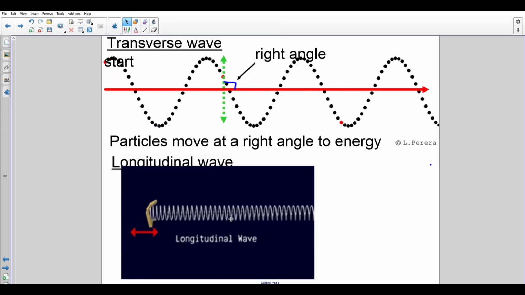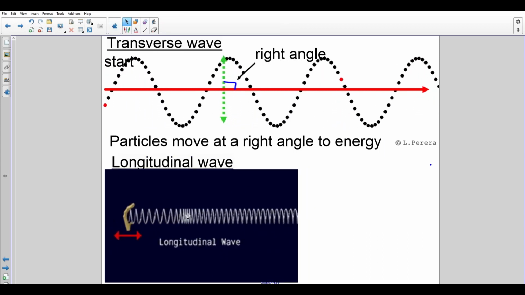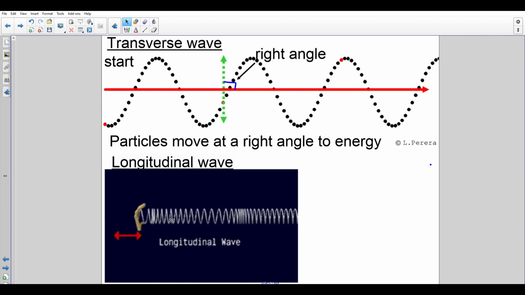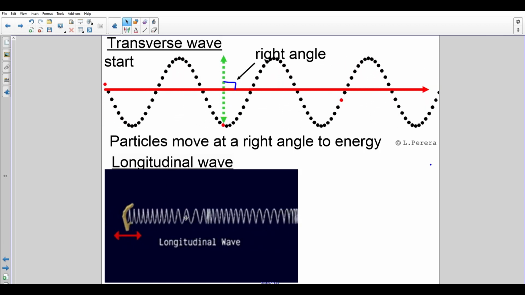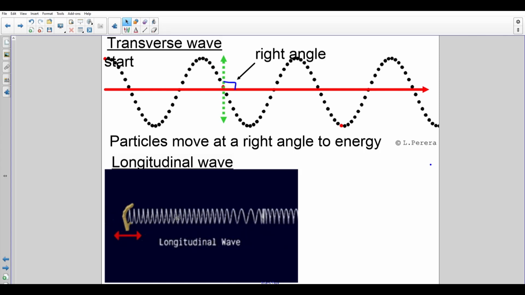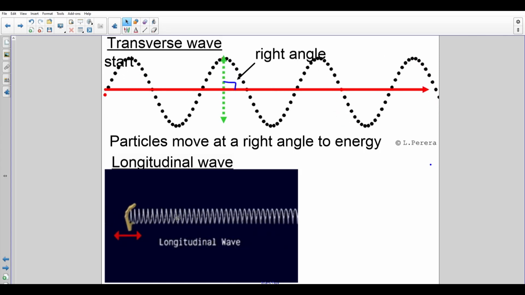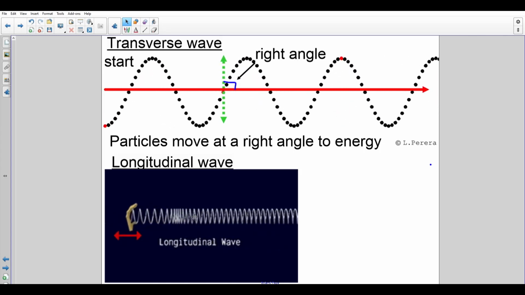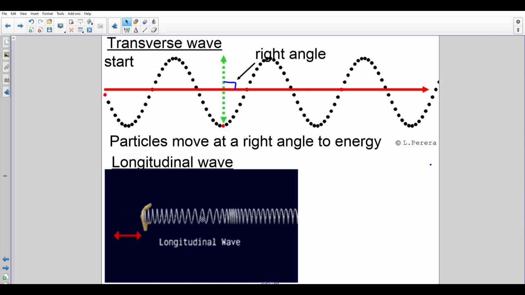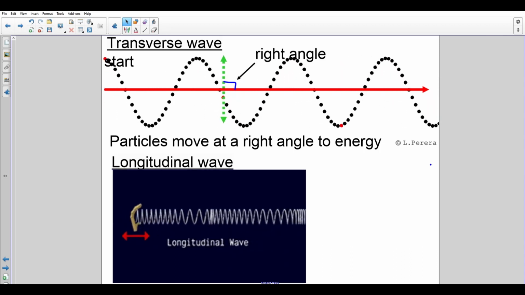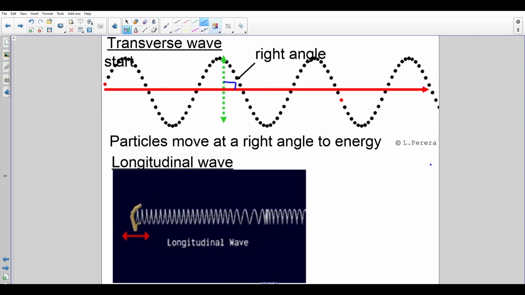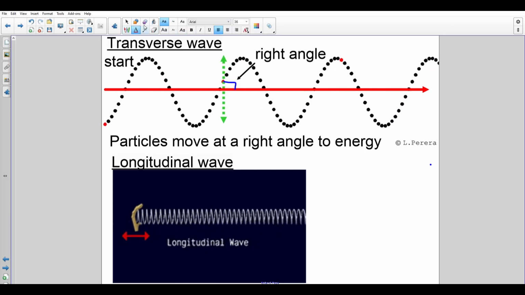Now, for a longitudinal wave, it's a bit different. If you look at this and try and focus on one of the spring coils, what is it doing? Say this one here. When the energy goes into it, it goes this way and then goes back. I've got a label on this as well.